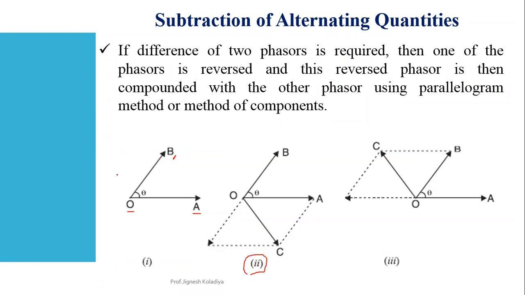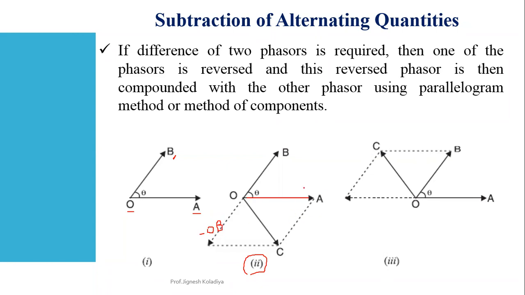For example, in figure 2, see OA is as it is, and I'm taking the reverse of OB. So just taking it on 180 degrees with the same magnitude and reverse direction. Okay, so this will be minus OB.